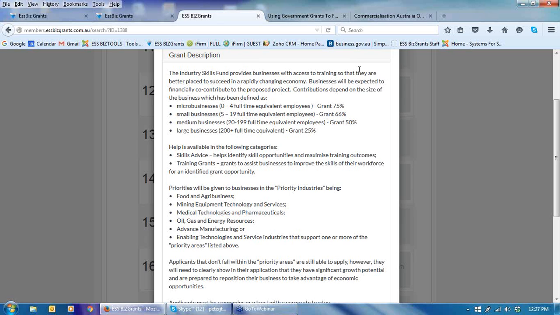Medium businesses up to 200 is 50%. And over 200, the grant is 25%. For businesses located in Northern Australia, all those percentages for the first three are now 75%, and large businesses is 50%. That's coming out of the Northern Australia Development Fund that the government announced in the federal budget.